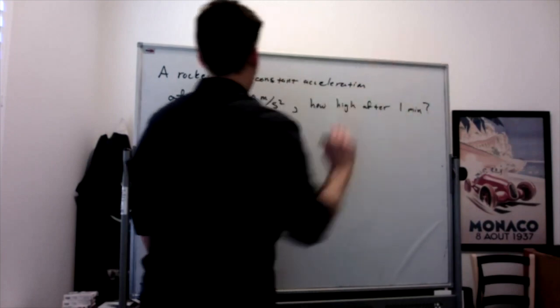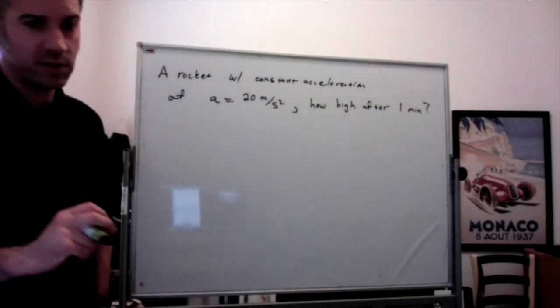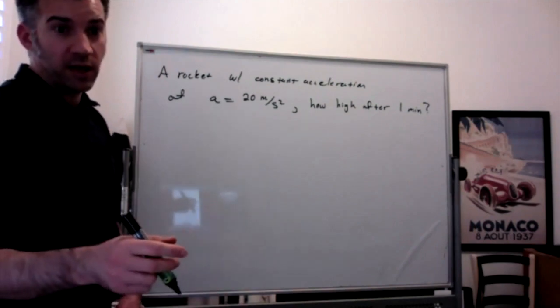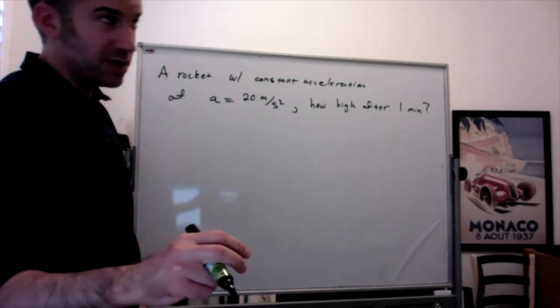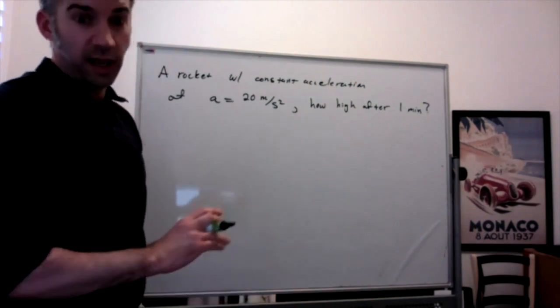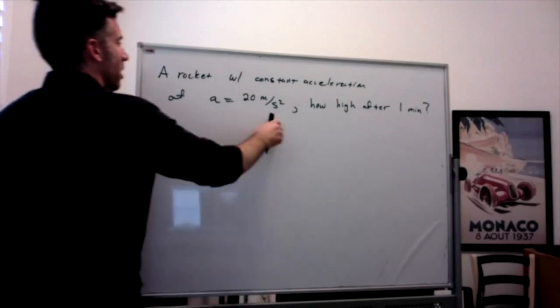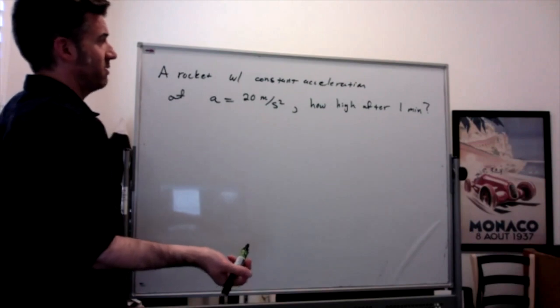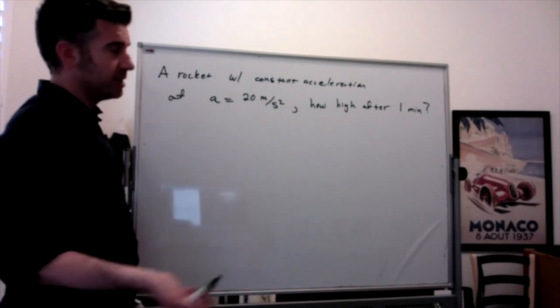Okay, we need to figure some things out. I did write something about the airplane problem on the discussion, so take a look at that for sure. We're given constant acceleration and we're asked to figure out how high it is at that moment.